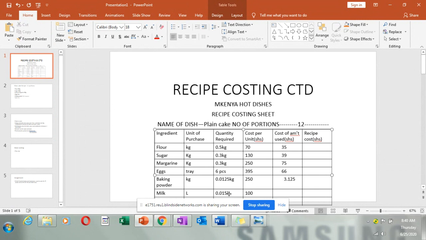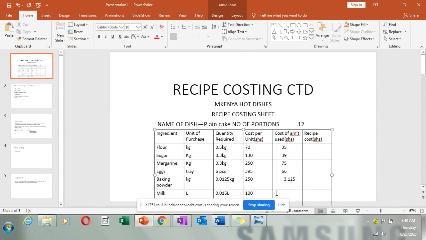Okay, then we have milk at 0.015 times 100. This is liter.